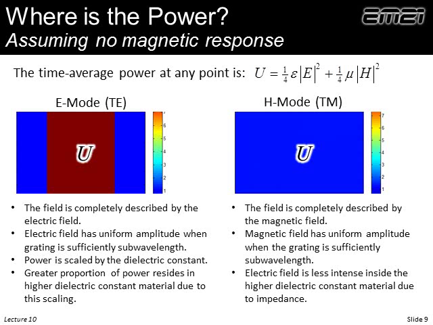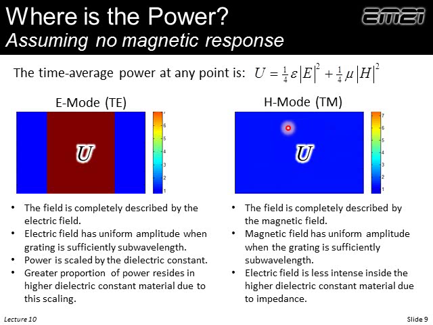However, when we're calculating power, given the electric field, we scale that by the dielectric constant. So if we were to look at the power in the E mode, it looks like this, and it gets scaled in the region of the grating, and in fact the total power gets enhanced because of that. The H mode is scaled by the permeability.